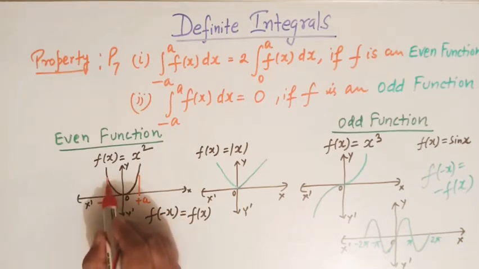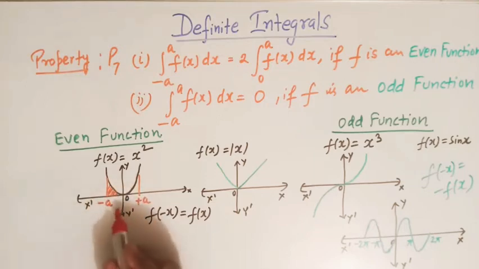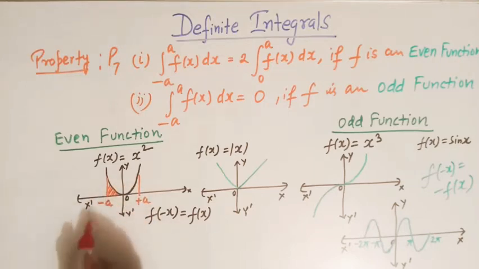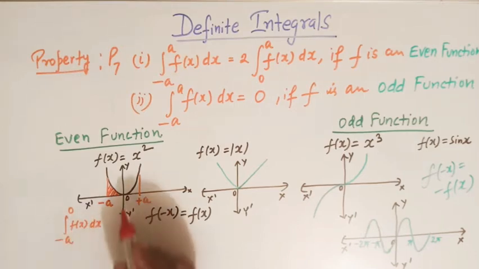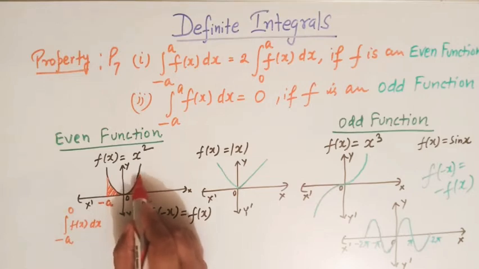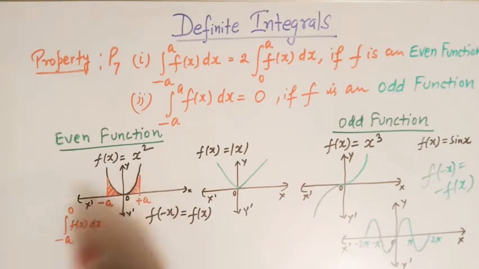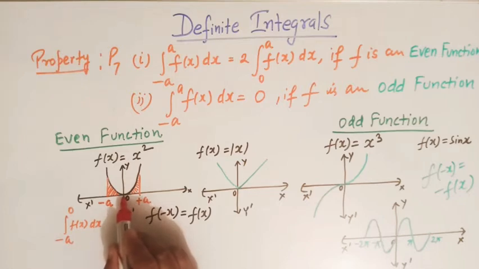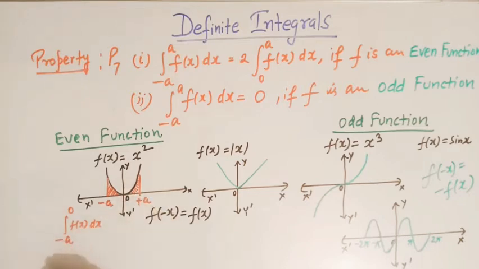So we see that this region is denoted by the area from minus a to 0 of f of x dx, and this area is denoted by the area from 0 to a, and we write it as plus the integral from 0 to a of f of x dx, right?